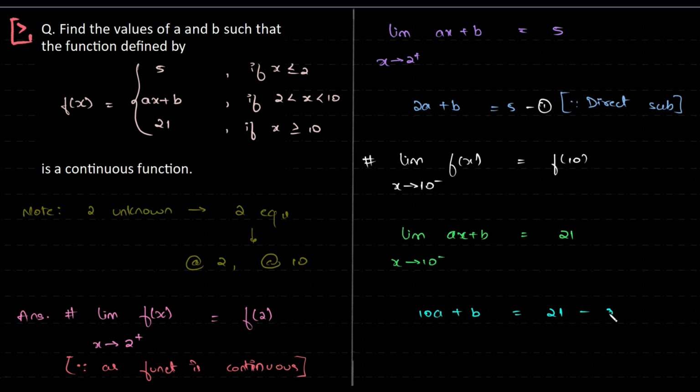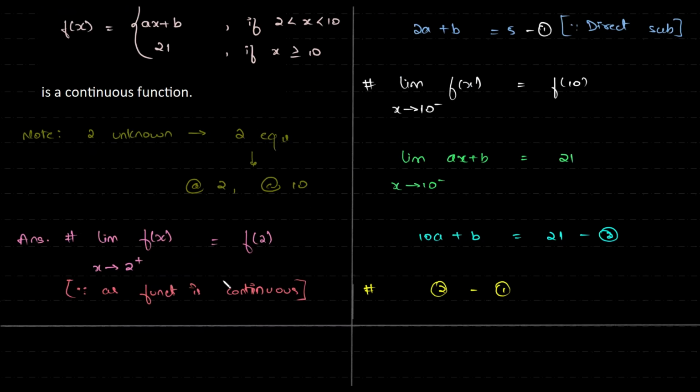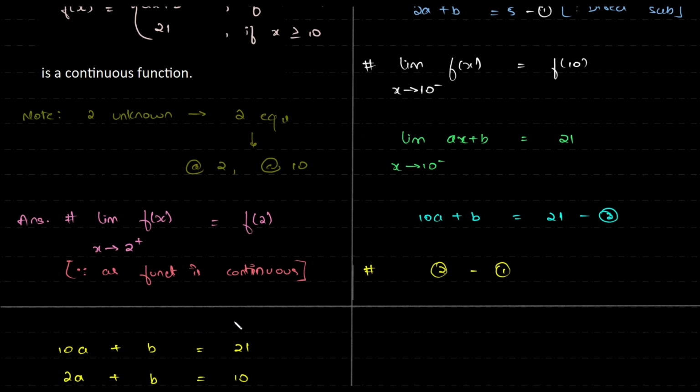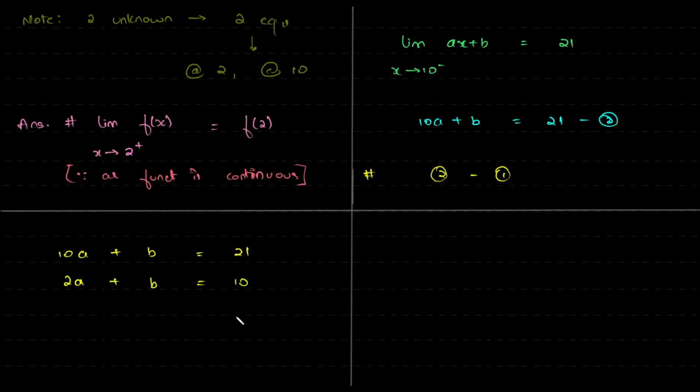Now, from 1 and 2, what can you tell? So we can solve this by multiplying, or we can just subtract it actually. 2 minus 1. So we'll end up with 10a plus b is equal to 21, and the other one is 2a plus b is equal to 5.